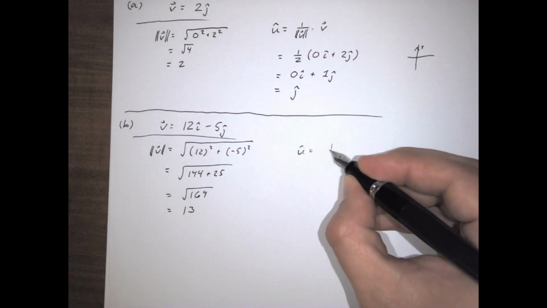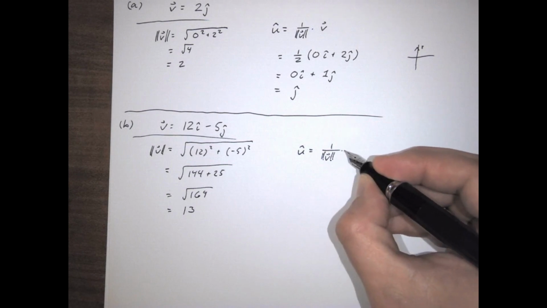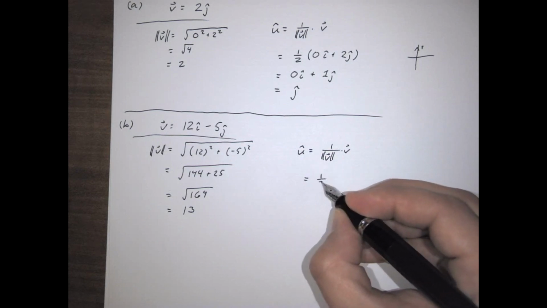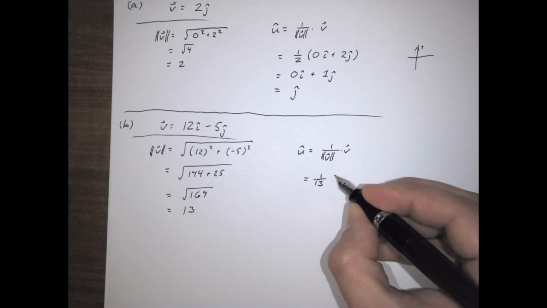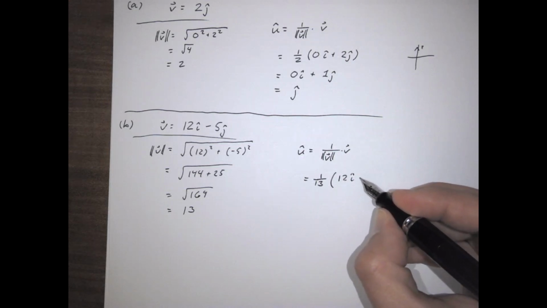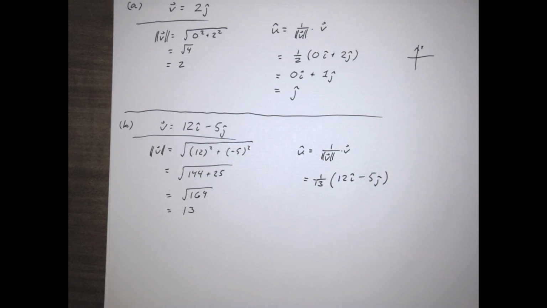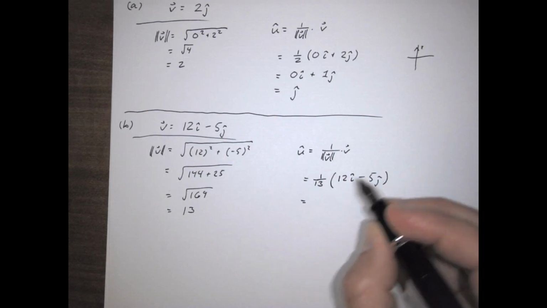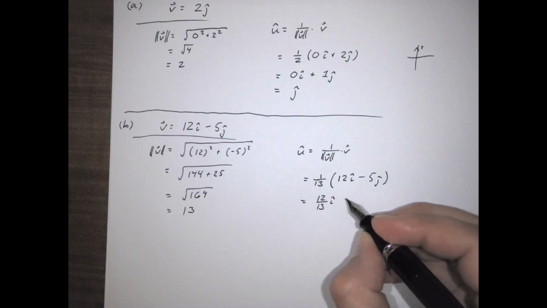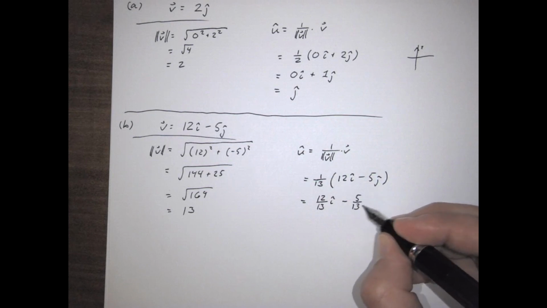Then that means u is equal to 1 over the magnitude of v times v, which is just going to be 1 over 13 times 12i minus 5j, which, if we go component by component, is 12 over 13 i minus 5 over 13 j.